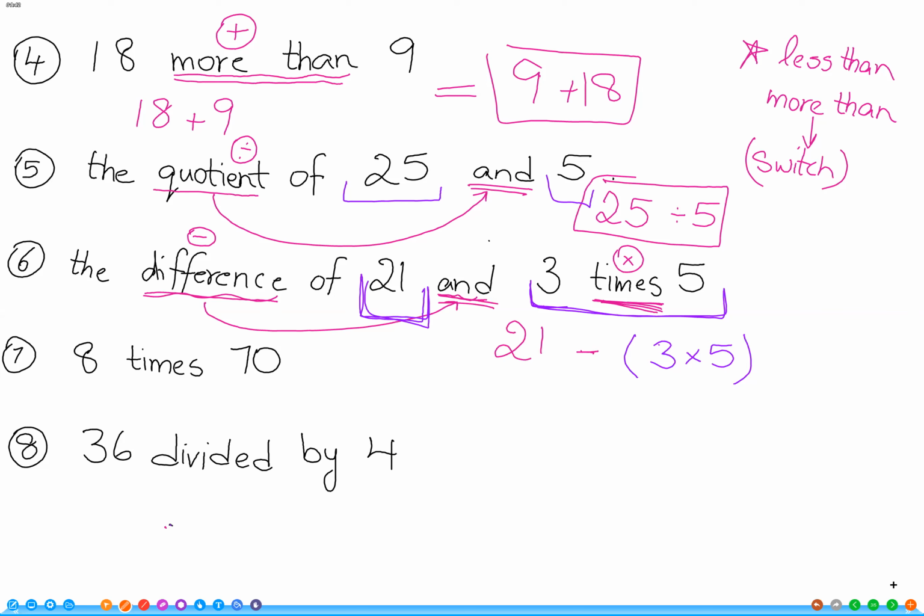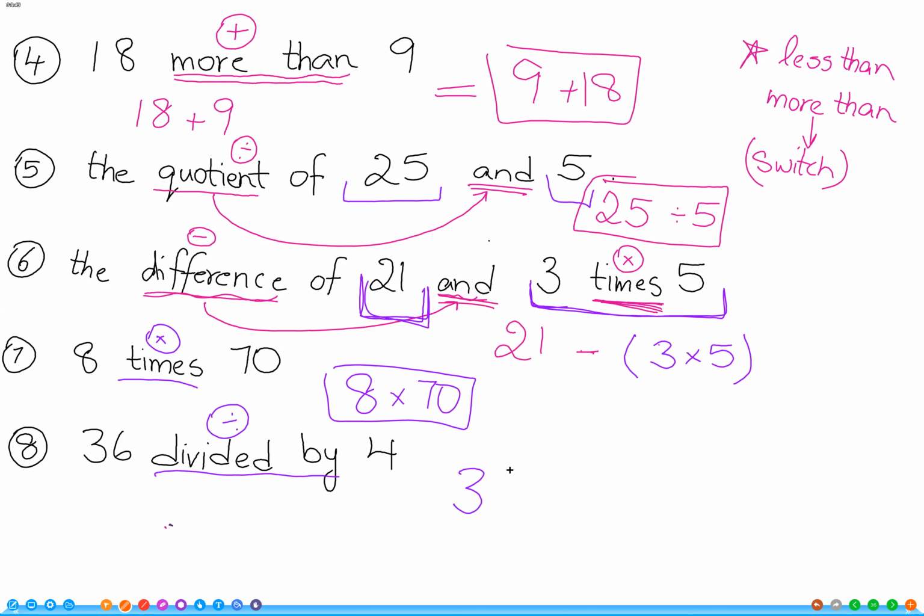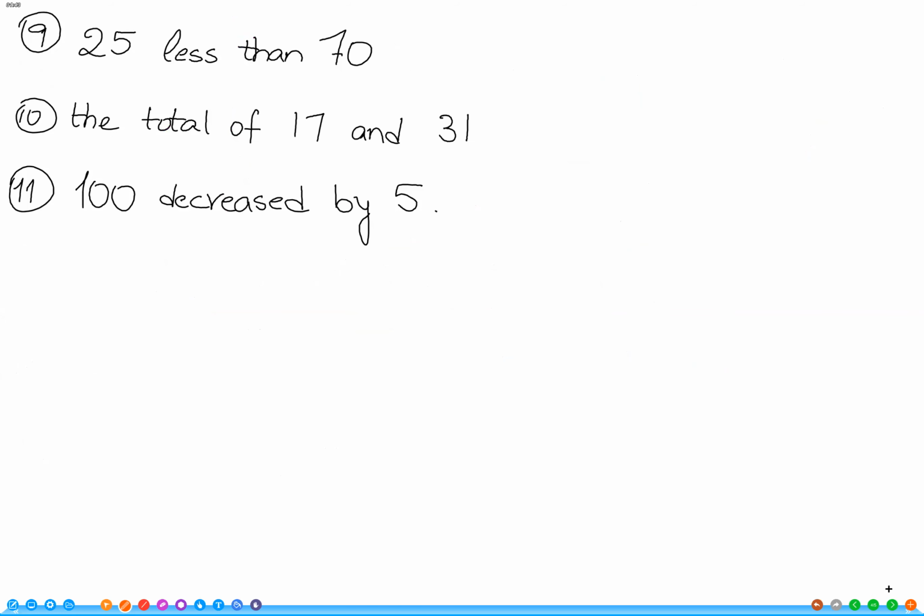The answer here would be: times means multiplication, so 8 times 70; divided by means division, so 36 divided by 4. Also, for the next page, pause the video before solving, solve it alone, and then check your answers.